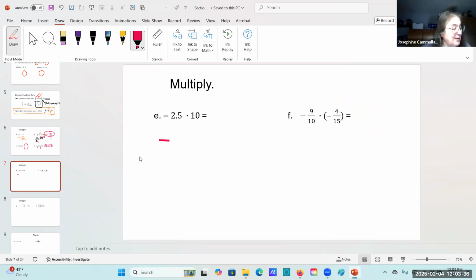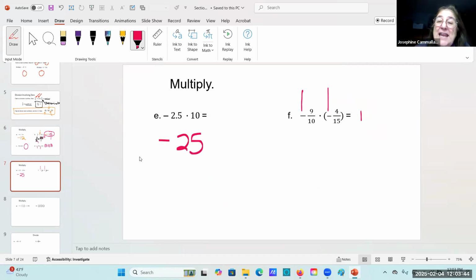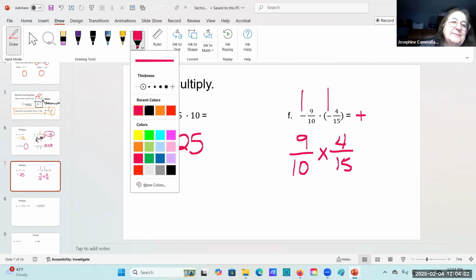In this particular case, 25. Negative, negative makes my answer positive. Now, you're going to have to cross cancel. Do not get a common denominator. You're multiplying. Okay.